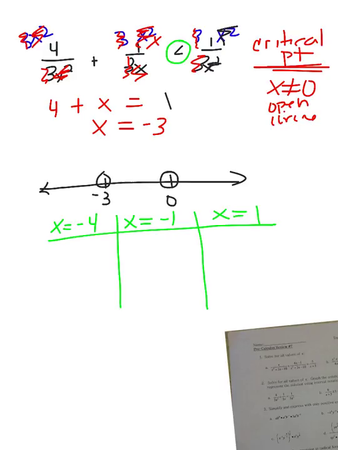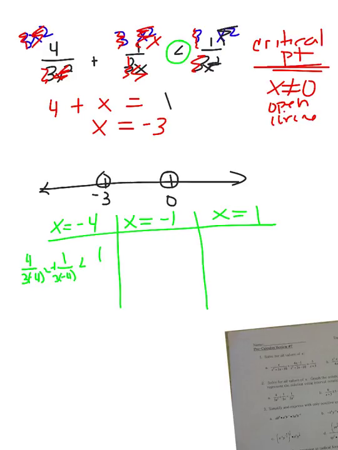When you check this, you check the original. So I'm going to plug in -4. So it's 4 over 3 times -4 squared plus 1 over 3 times -4.